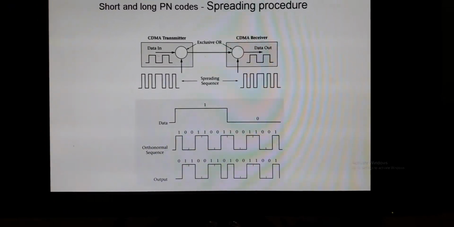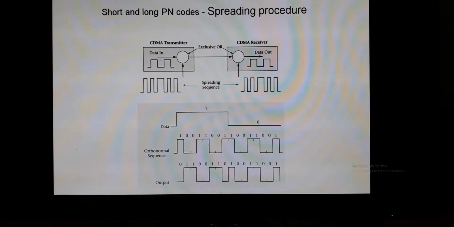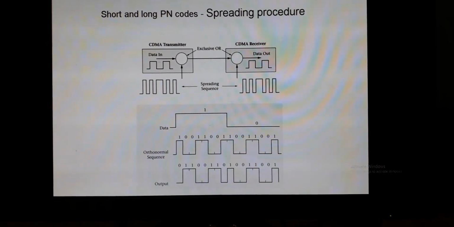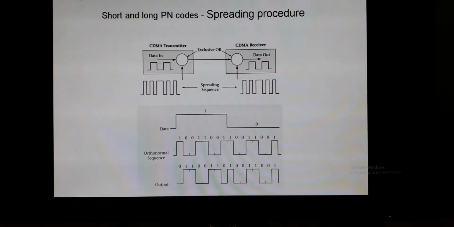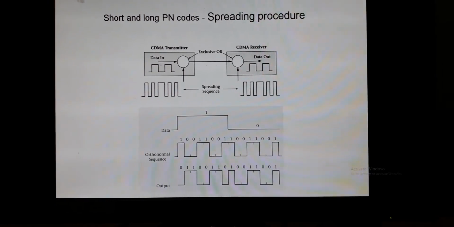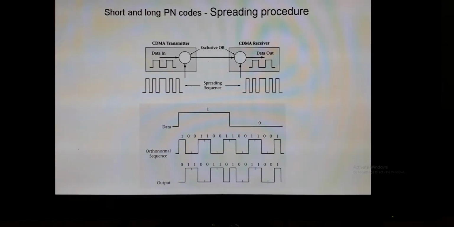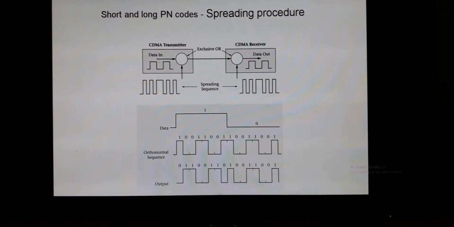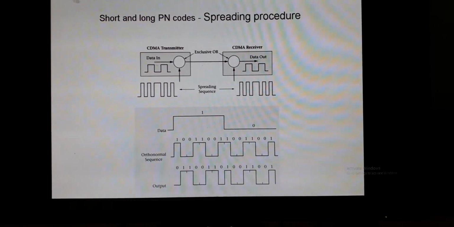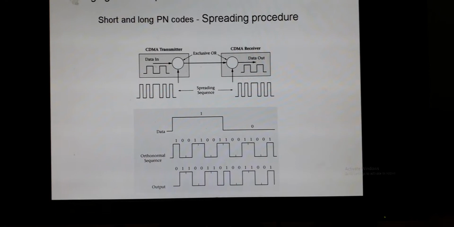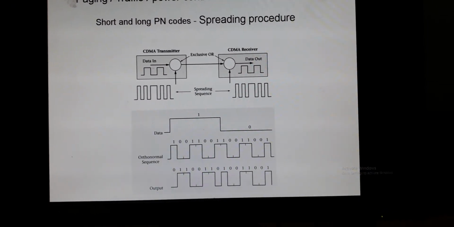So how does CDMA transmission work? Here you have 2 cell phones, a CDMA transmitter and a CDMA receiver. Whatever the speech is, that is the data input. If the data input goes from transmitter to receiver directly, then according to the CDMA concept, every CDMA customer will receive the same data.